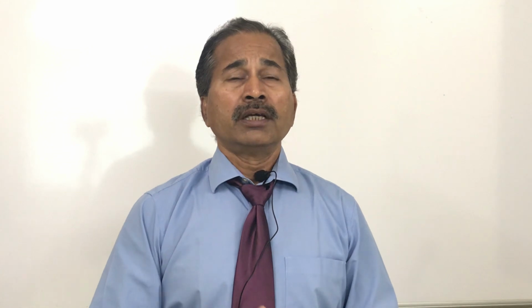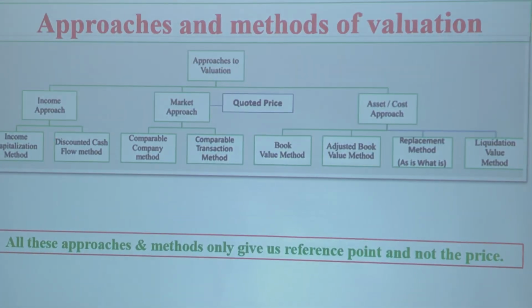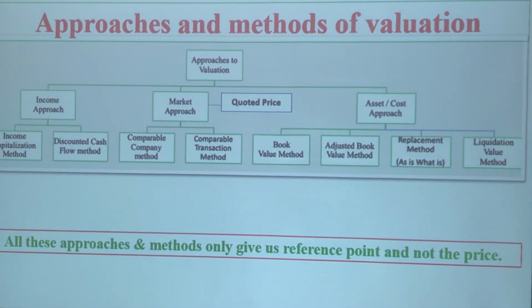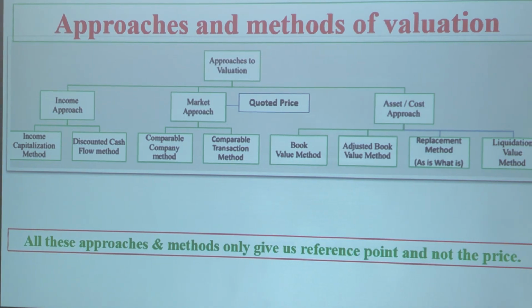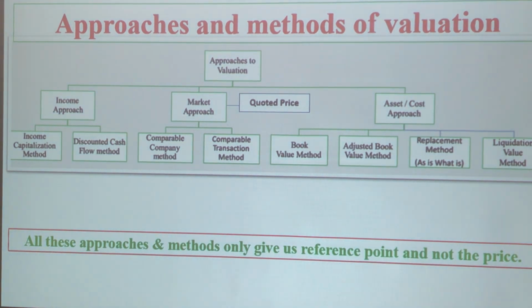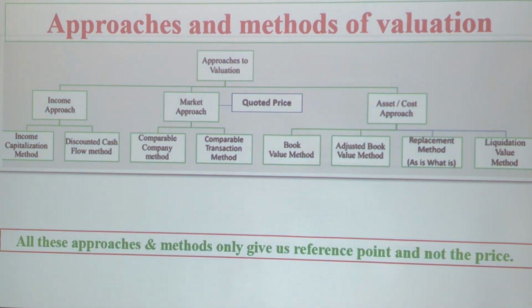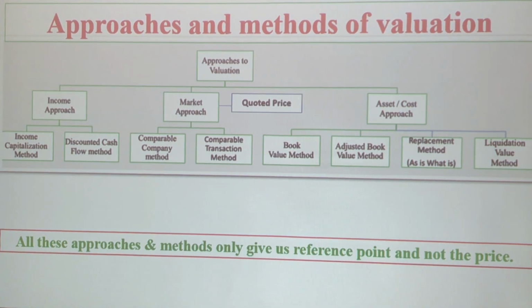Say for example, in the balance sheet of your company, it is possible that you may have an asset, let's say land, and that land may be shown in the balance sheet, for example, at 1 crore, and you purchased this land 10 years back.